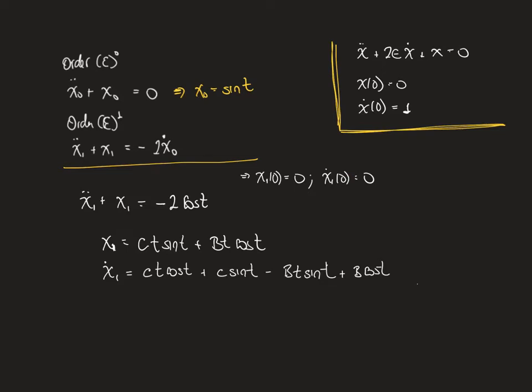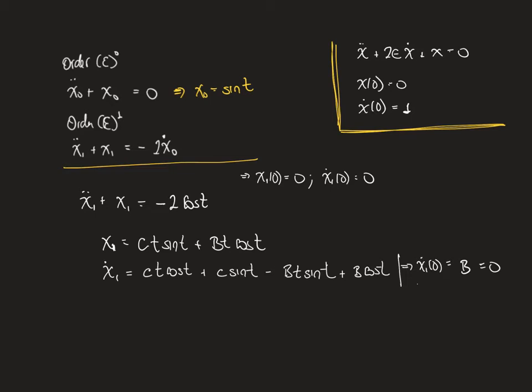So here the first one doesn't give us information, because if we replace x1 at 0, automatically this goes to 0, and then c and b remain. We don't have any information from that, but from this one we do. So we just have that x1 of 0 is equal to b, and this has to be 0, so b is 0.